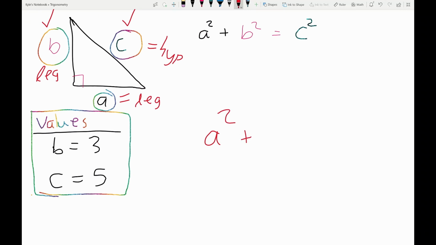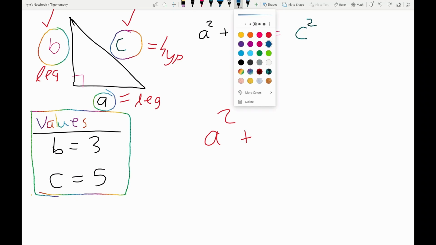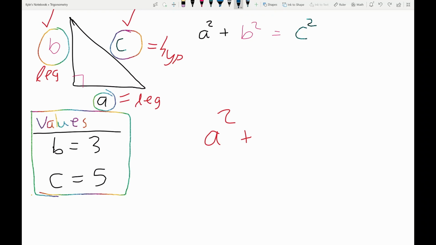B squared is what? 3. And we know what our C value is, and that's 5. So that's going to be 5 squared.